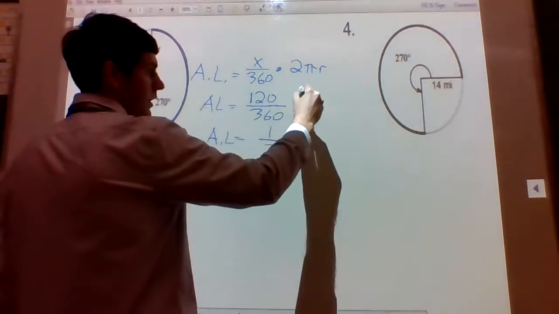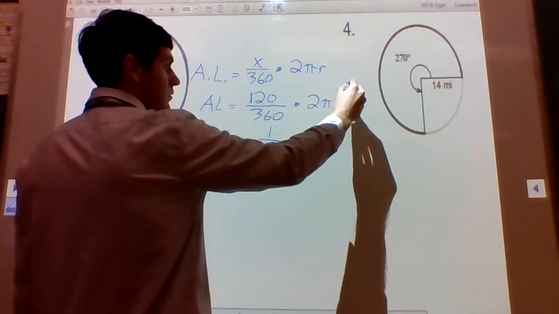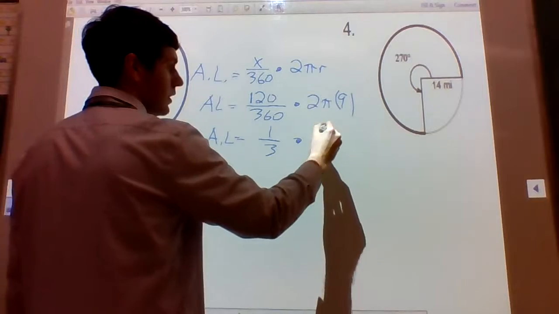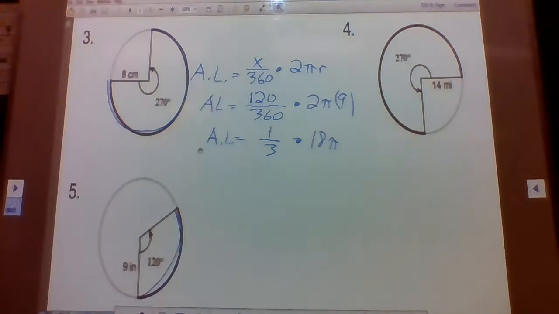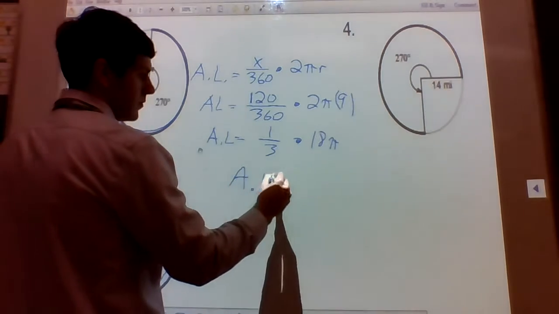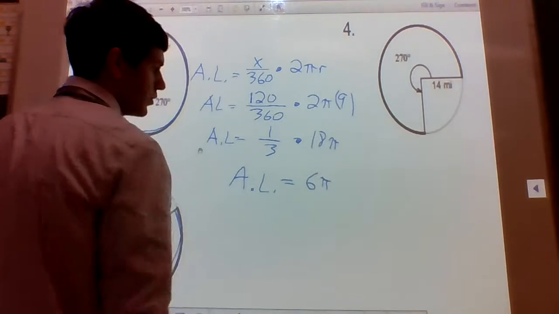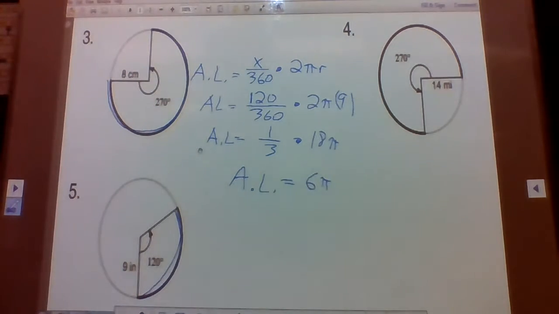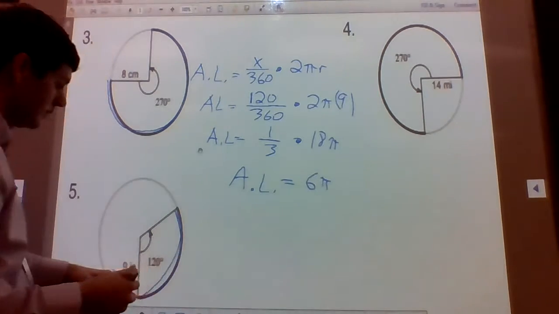Okay, multiplying 2 pi times 9, that's going to be 18 pi. So the entire circumference is 18 pi, but we only want a third of it. So that's going to be 6 pi, which is about 18.8 inches.